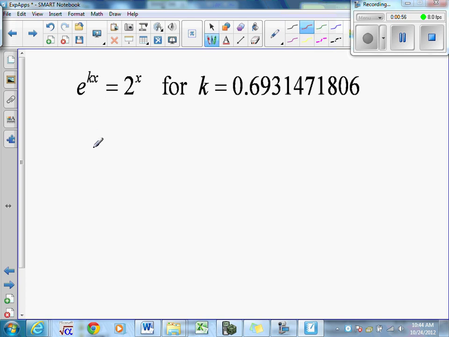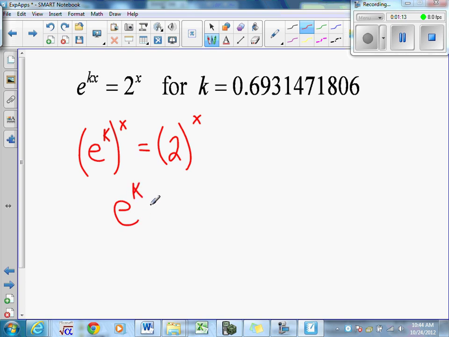This says e^k raised to the x equals 2 raised to the x. So basically this is saying e^k equals 2. And we get this crazy 0.6931471806 for k. How do we find that?